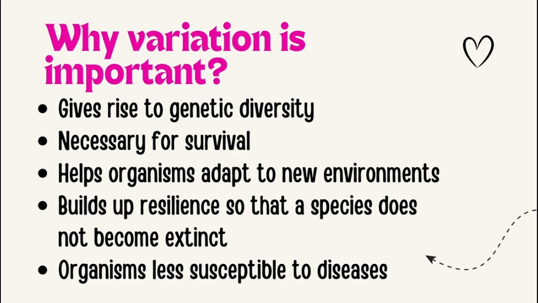By the way, the variation comes from sexual reproduction and only sexual reproduction. Take asexual reproduction: if we have a flower that reproduces asexually, it just creates a bunch of offspring just like that. Let's say that flower is susceptible to a particular disease, and it has 20 offspring exactly like it.